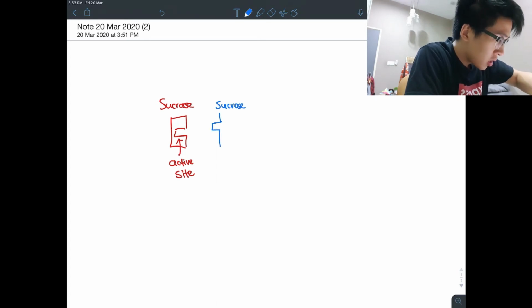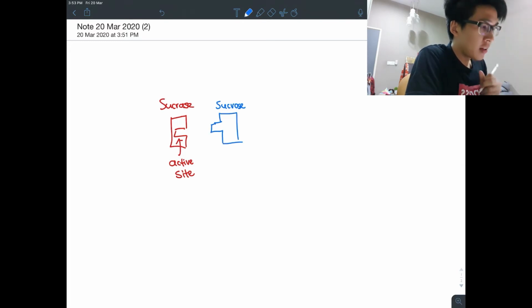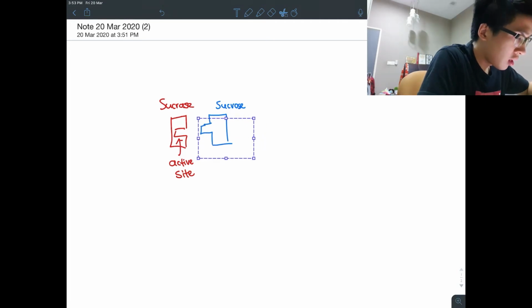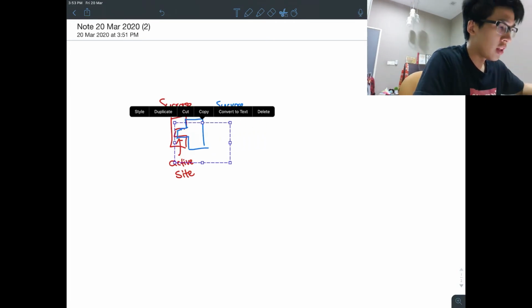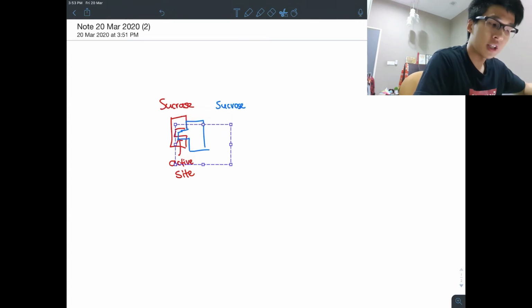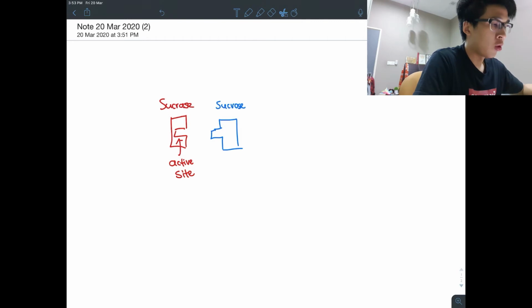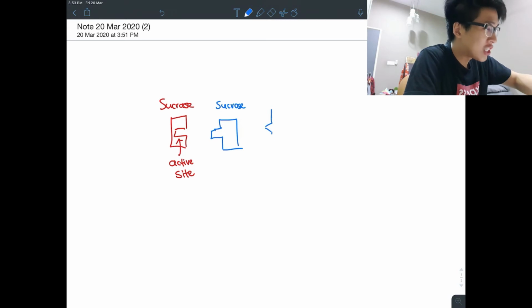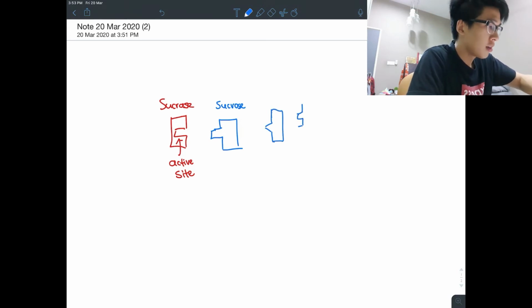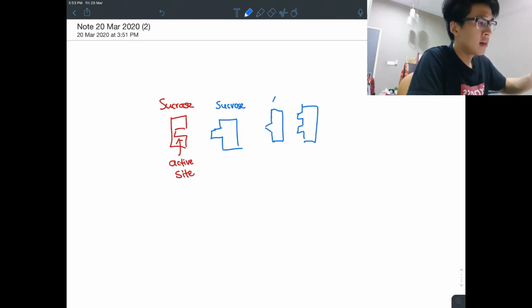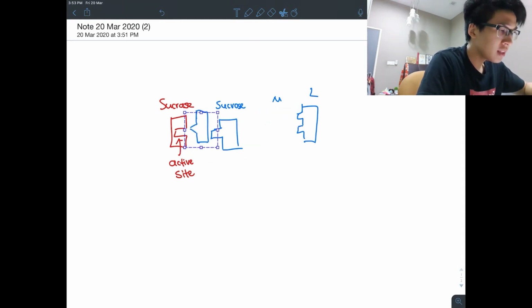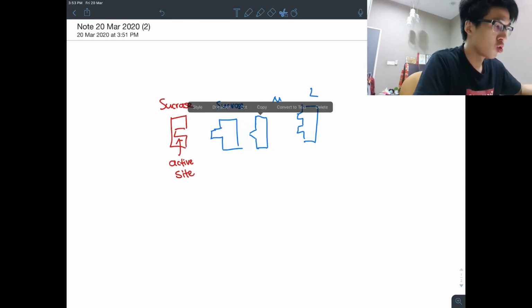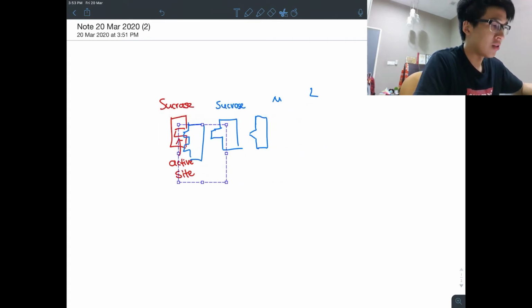Because sucrose's shape fits exactly into the active site of sucrase. That's why only sucrose and sucrase can react. Maltose cannot be broken down by sucrase. Lipids also cannot be broken down by sucrase, because their shapes are completely different. Let's say maltose's shape is like this, lactose's shape is like this. If the shape doesn't fit into the active site, the reaction cannot occur. So sucrase cannot break down substrates other than sucrose.